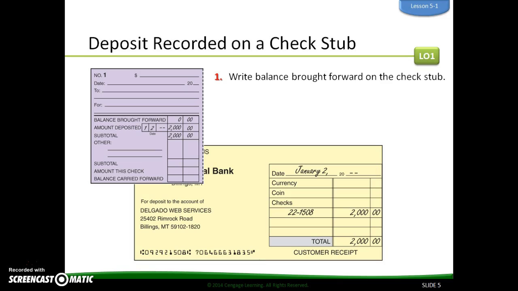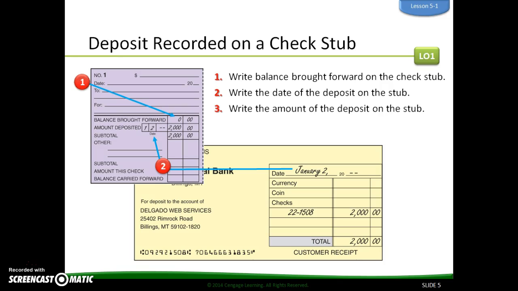So the balance brought forward is 0, and then the very first deposit is going to happen on January 2nd, in the amount of $2,000. Finally, you calculate the subtotal, which is just tied to what's going on in the account. This check stub is also what you'll use when you record the very first check transaction, so that's why you stop at the subtotal line.